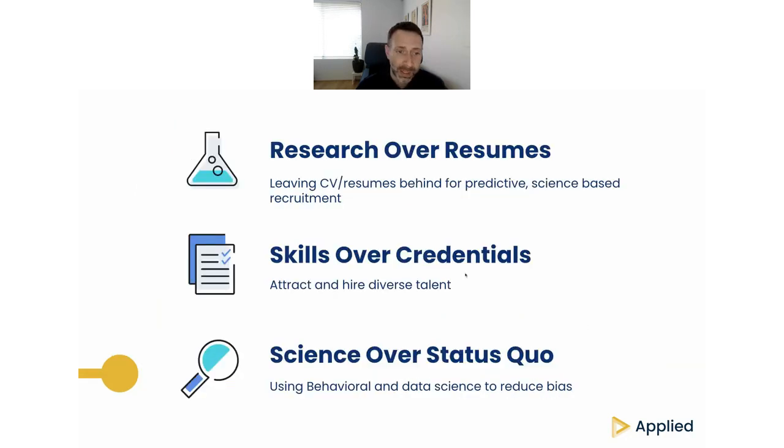Here are a few of our taglines, some of the things we believe in. We believe in understanding the research, the peer-reviewed research, which talks about the best methods to hire or the pitfalls to avoid in hiring, rather than just going to the same tried and tested sifting process or recruitment process that uses just CVs or resumes.